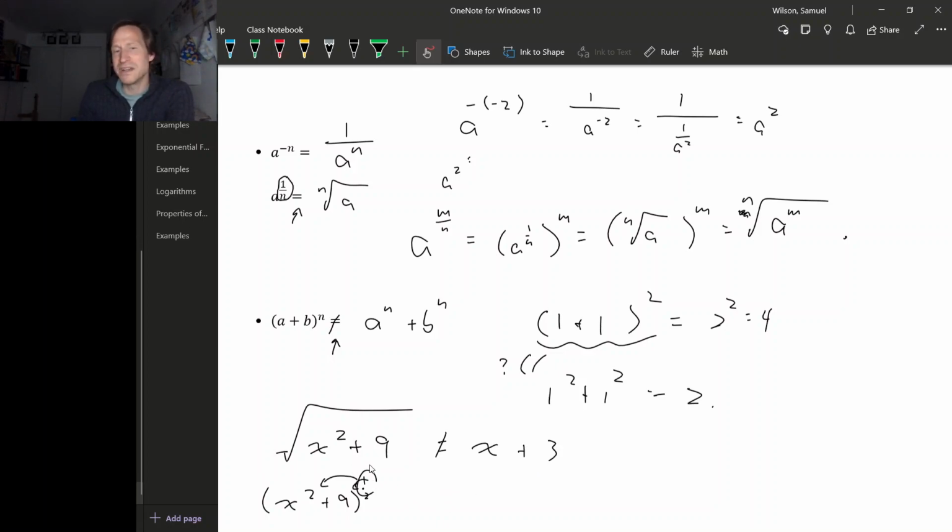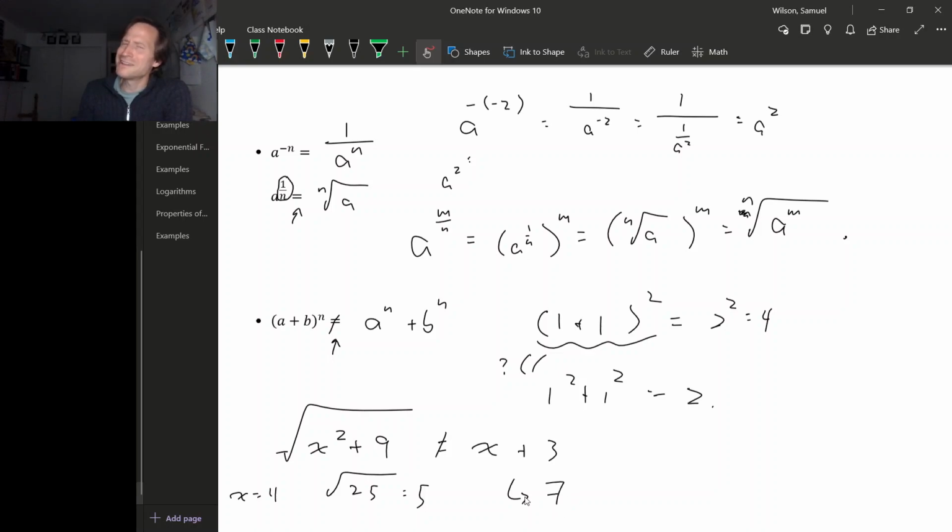If you graph these, you'll see they don't make the same graph. Also, if you just pick a number and plug it in to both sides, you'll see that it's just not true. For example, if we pick x equal to 4, that makes some nice integers. So if x is 4, on the left-hand side, 4 squared is 16. So the square root of 16 plus 9, that's 25, so we get 5. On the right-hand side, if we plug in 4, 4 plus 3 is 7.